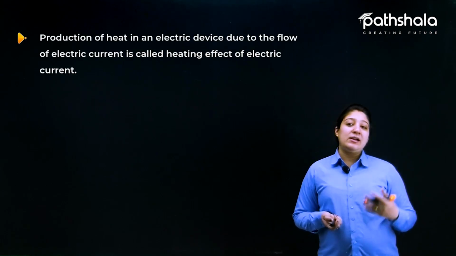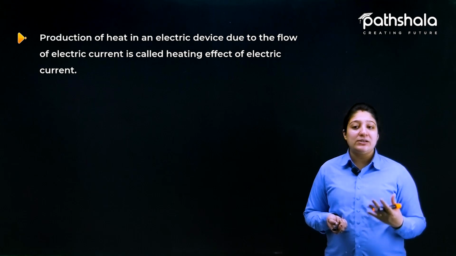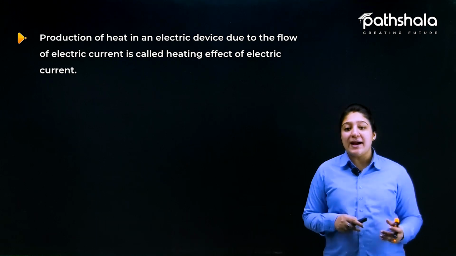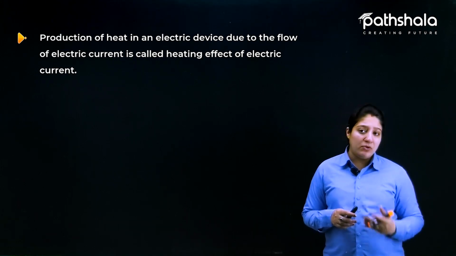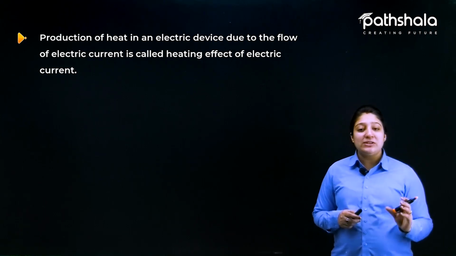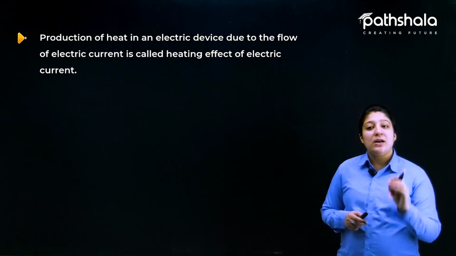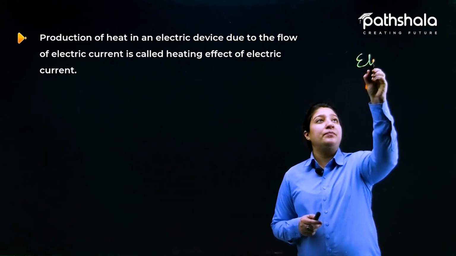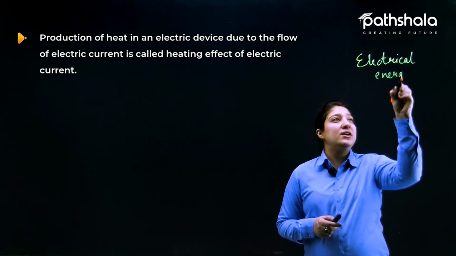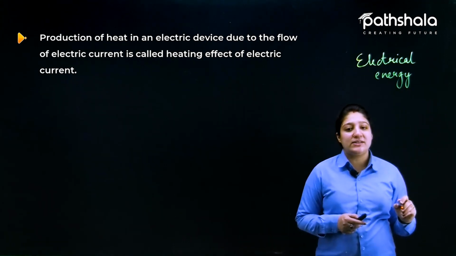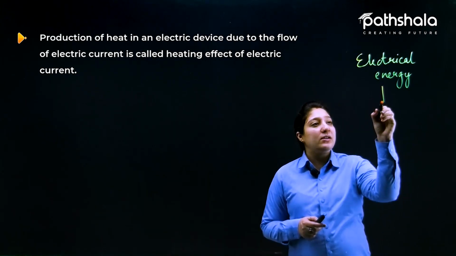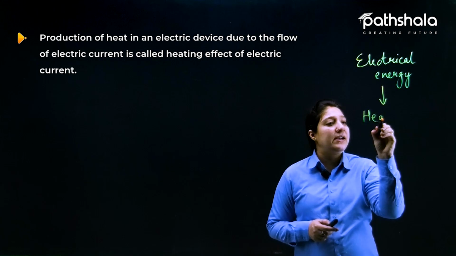Now, when electrical appliances are connected into the electrical circuit, and electricity passes through them, what happens? When there is a continuous flow of electric current, after some time the electric current produces some heat. Here the electrical energy, which is just our electricity, the flow of charges, keeps flowing in the system and converts into heat energy.